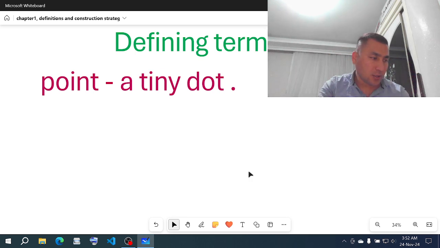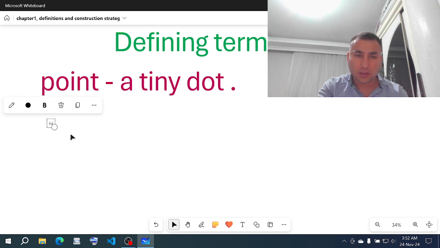And a line is a collection of points that are side by side, going on forever.